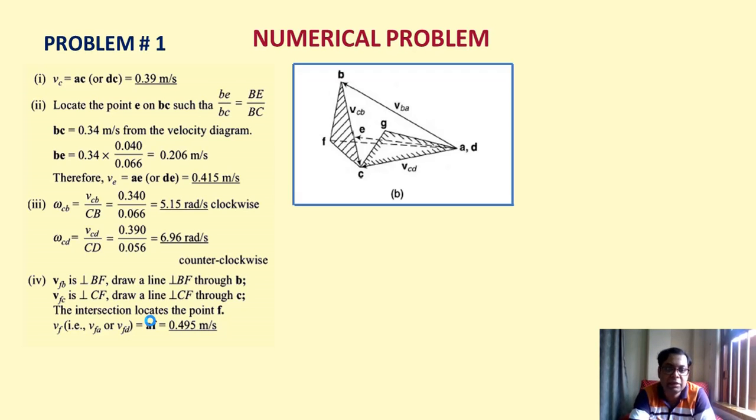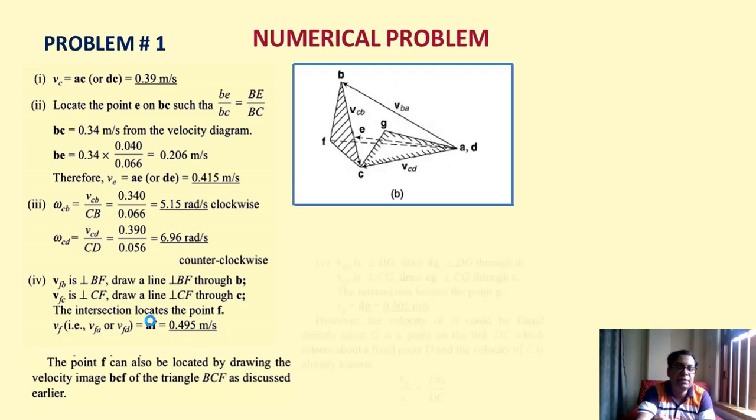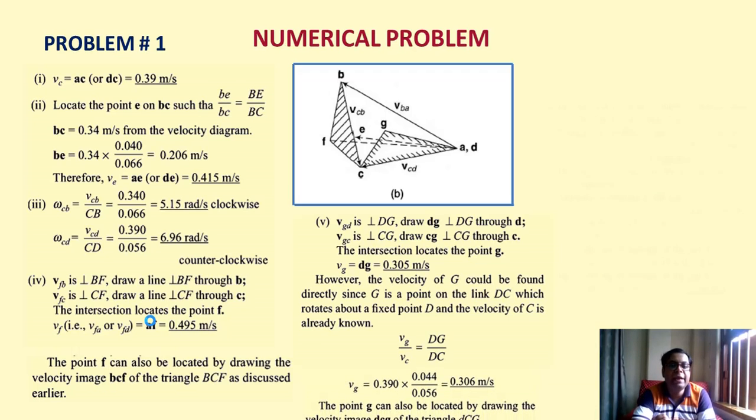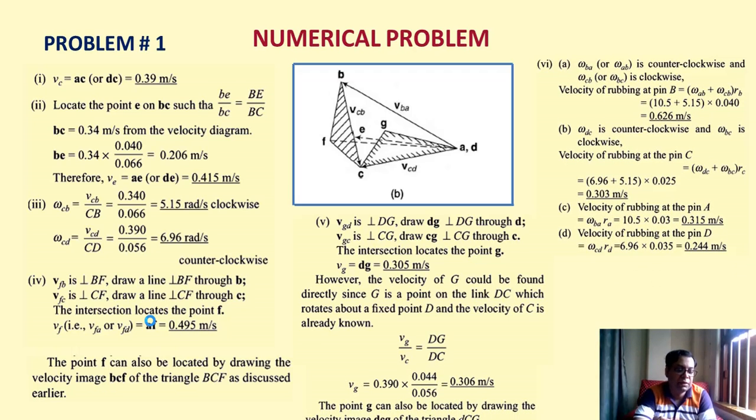If you go through this, you will understand. But do remember that whenever you are finding out the component value and omega value, please write down whether it has a tendency of rotation in clockwise or anti-clockwise direction.